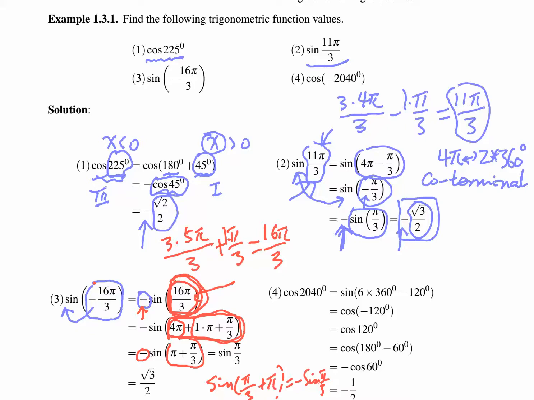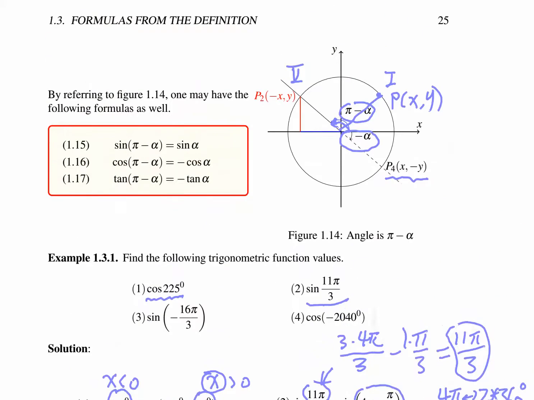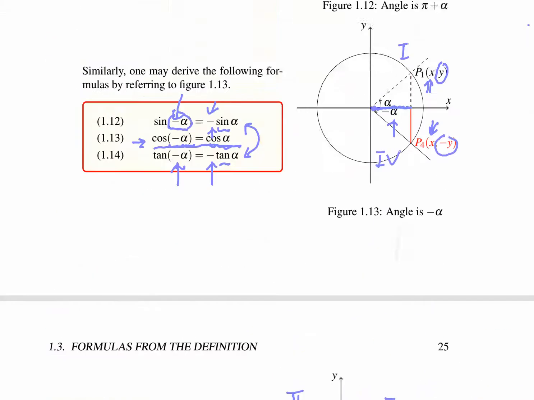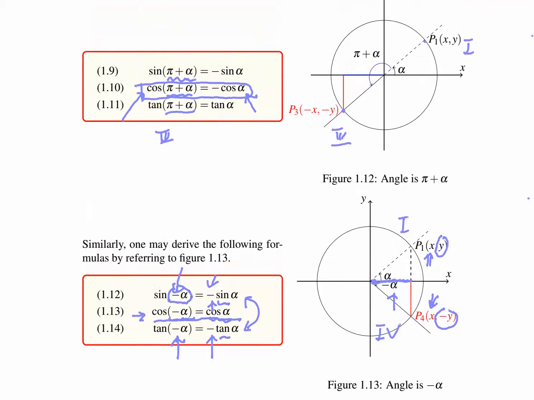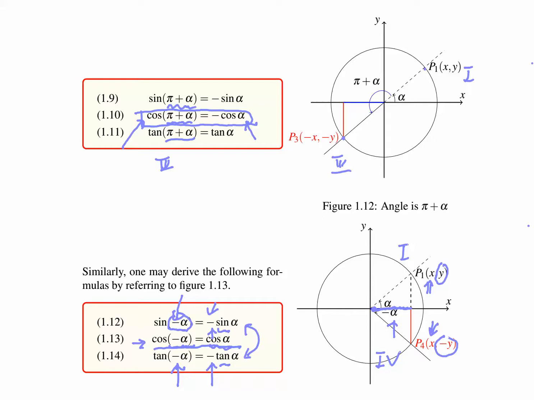Sine of pi over 3 plus pi is negative sine pi over 3. By which formula? By the formula previously, between quadrant 1 and 3. Which one?